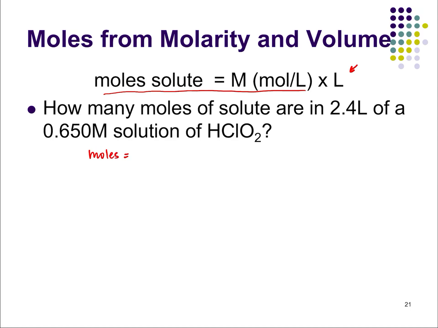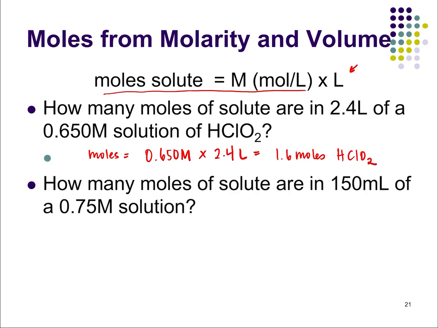Moles equals molarity, 0.650 molar, times my volume, which is 2.4 liters. When I multiply these, I get 1.6 moles of HClO2.